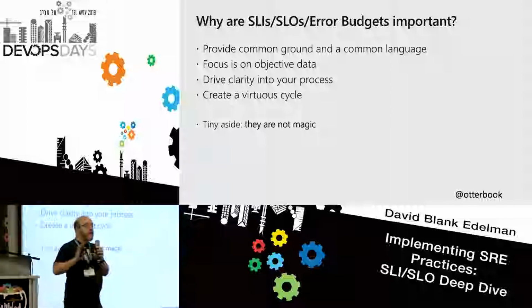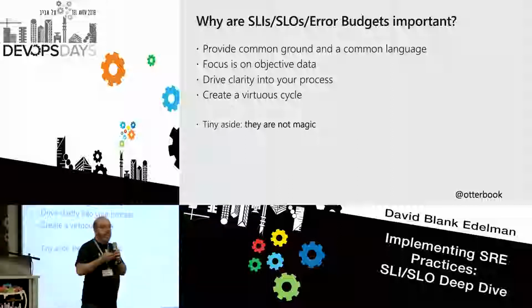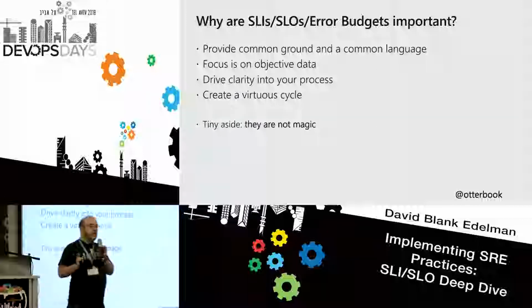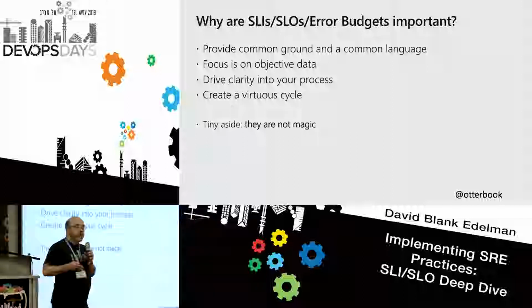SLIs and SLOs will not make your environment less toxic. They might help some, but they are not magic. So that's an important thing to understand. Your company will not automatically become much more profitable. Your organization might not serve more people just because you do SLIs and SLOs, but it could help.